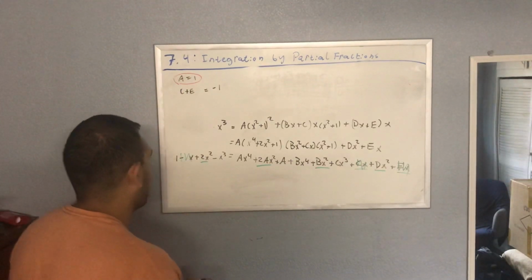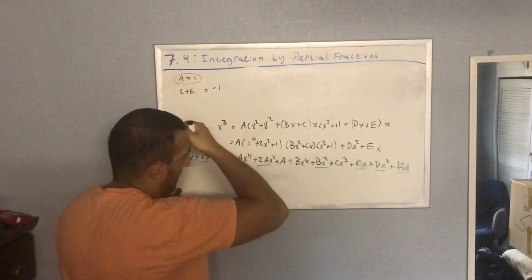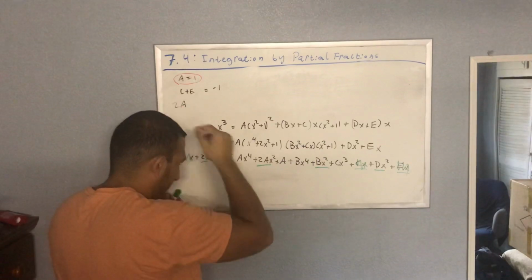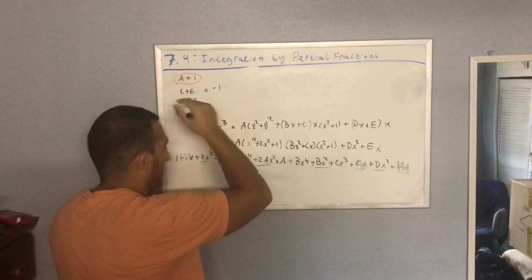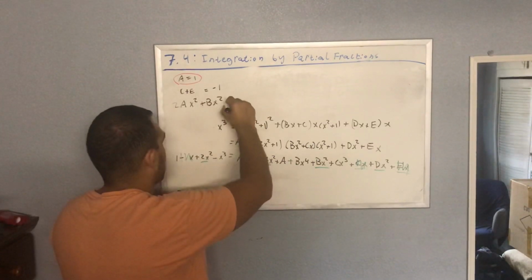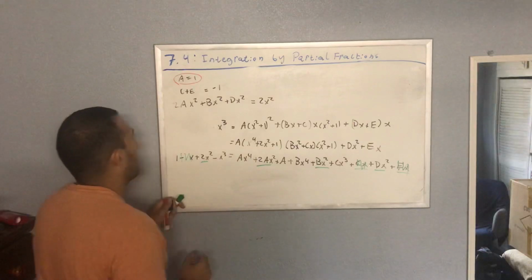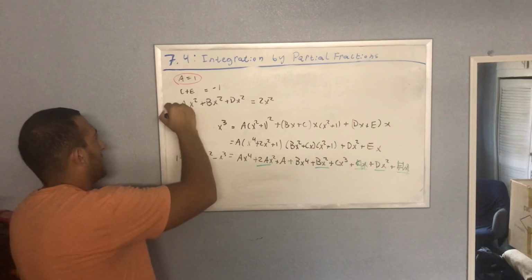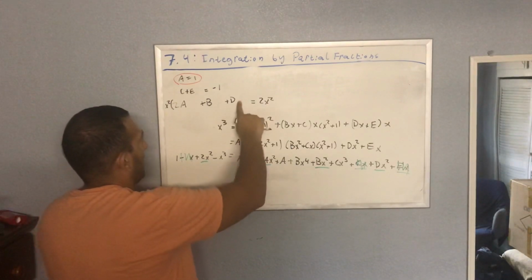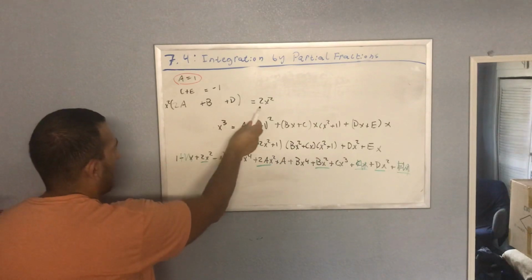So what we also know is, and I'll do this maybe one more time and you can see the faster way. So we have 2ax squared plus bx squared plus dx squared equals 2x squared. Okay, again, if you pull out the x squared, what this says is these must add to 2.